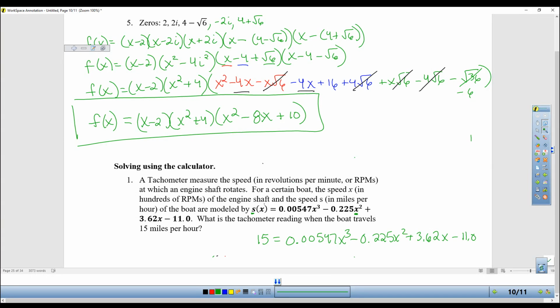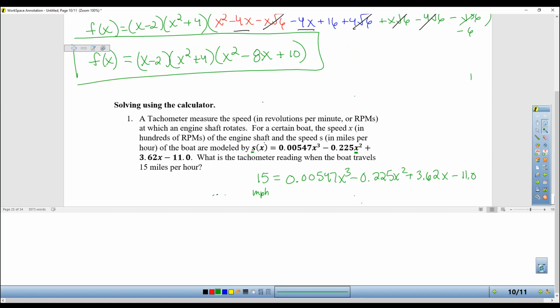People's hardest part with this one is just reading it. You've learned how to do this math. But the way I know is it says the speed x in RPMs, and then it says what is the tachometer reading in RPMs. So you're trying to find the x when you have a speed of 15 miles per hour.